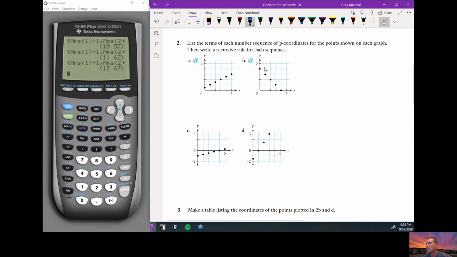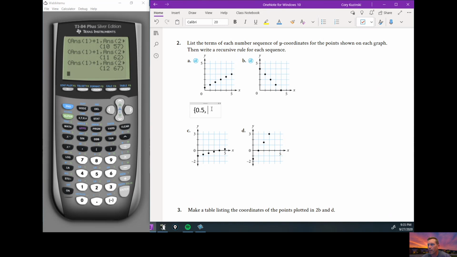List the terms of each number sequence of y coordinates for the points shown on the graph, then write a recursive rule for each one. All right. So for A, we're just doing the y values. Looks like it's going up by a half each time. It's starting at a half.